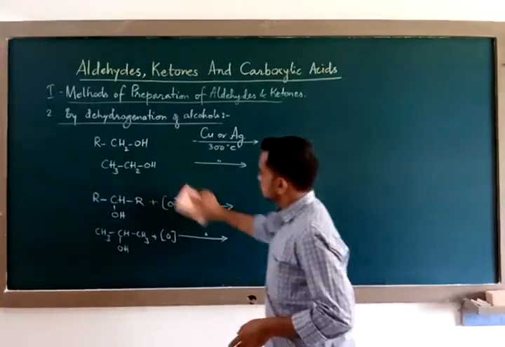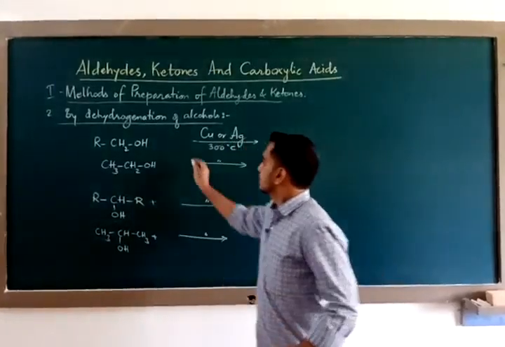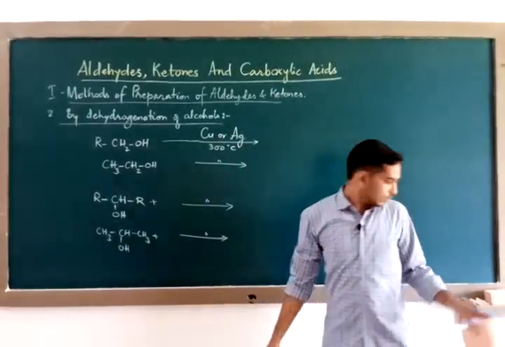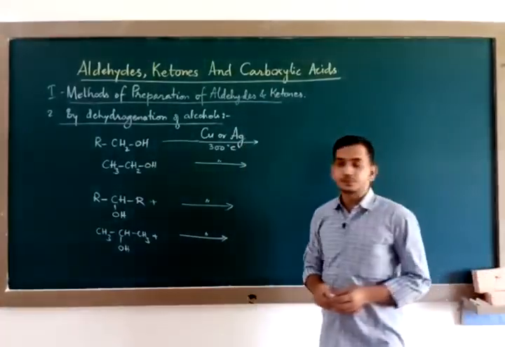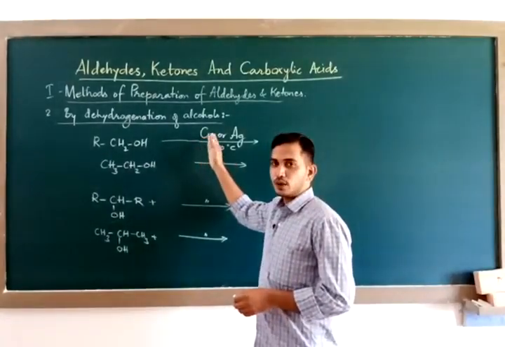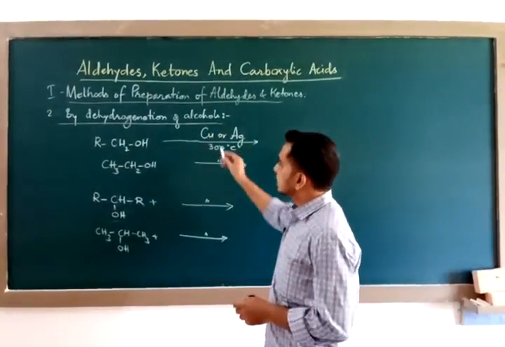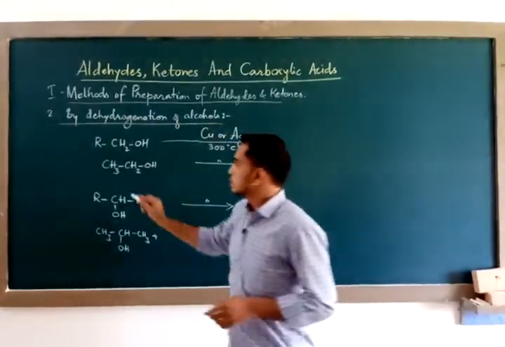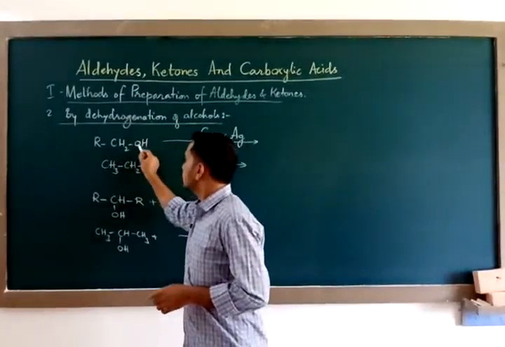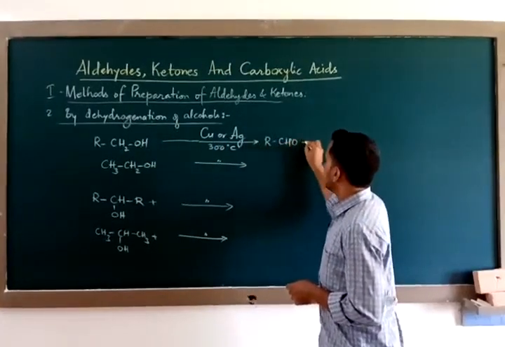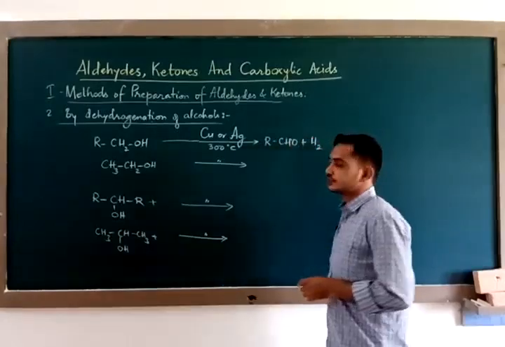So what product is obtained? Whenever alcohols are heated at around 300 degrees Celsius in the presence of a catalyst like copper or silver, it is dehydrogenation, which means removing hydrogen. So eliminate one hydrogen from here, one hydrogen from here. What is left? RCHO, aldehyde, plus H2.